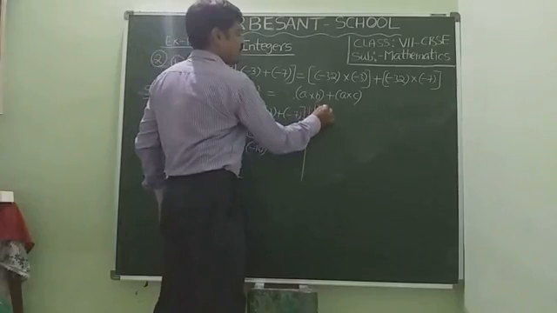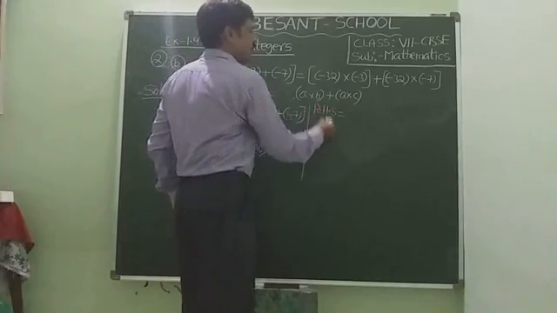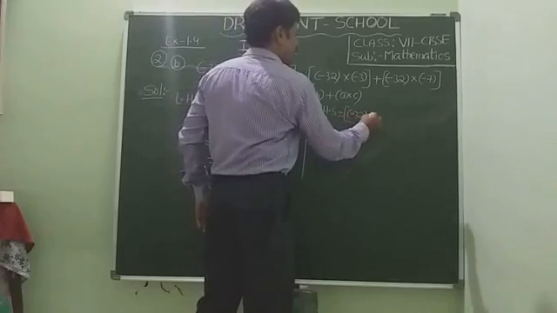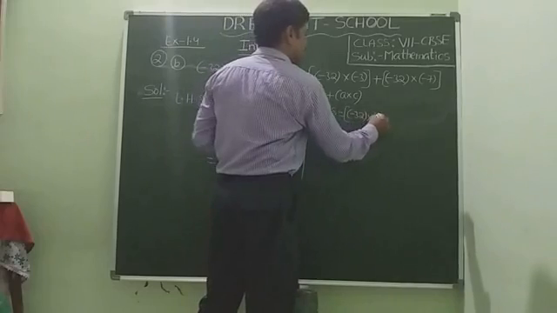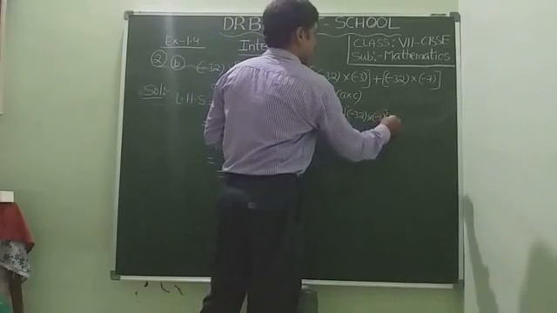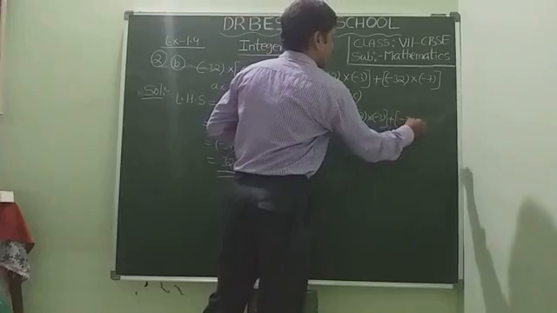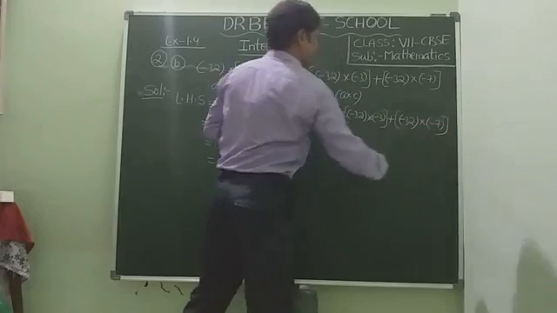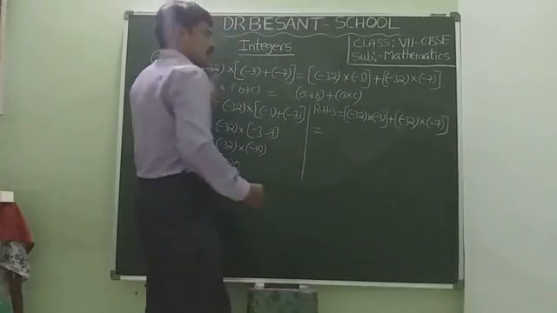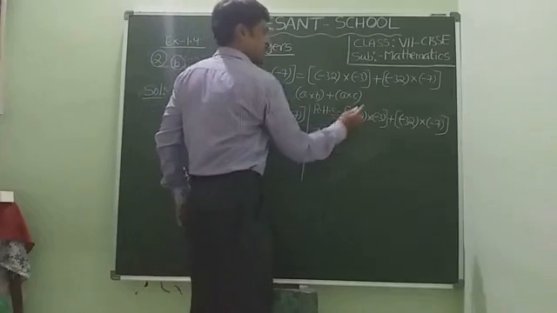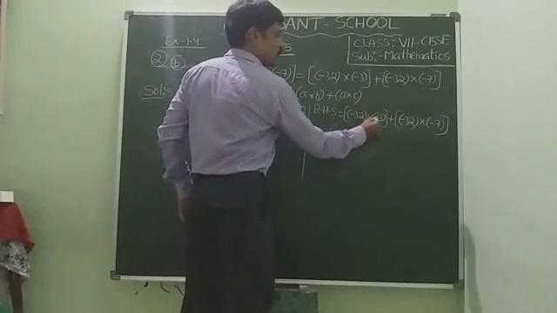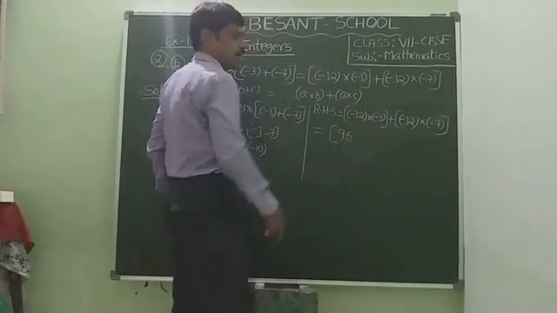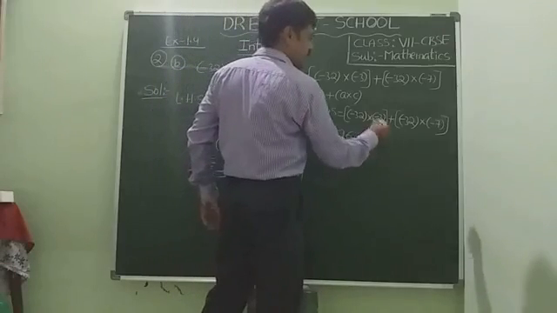So what about RHS? RHS is equal to minus 32 into minus 3 plus minus 32 into minus 7. Minus into minus is plus, 32 times 3: 3 twos are 6, 3 threes are 9, so 96.